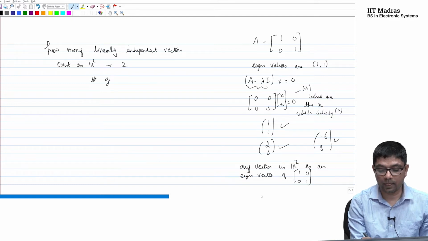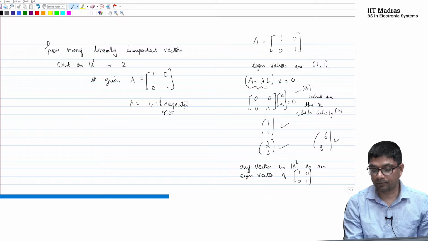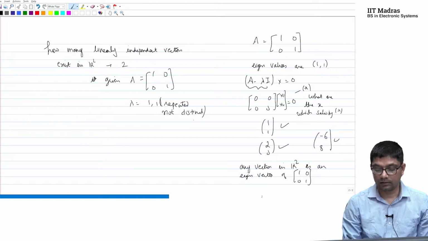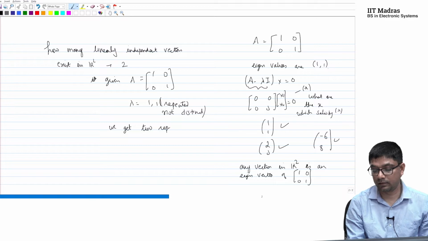So given A is 1, 0, 0, 1 with eigenvalues 1, 1, these are repeated and not distinct, we get 2 independent eigenvectors.